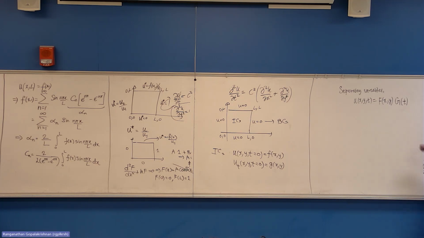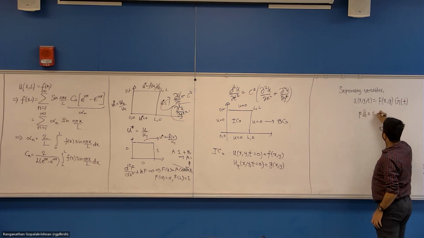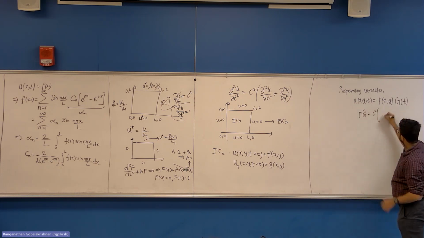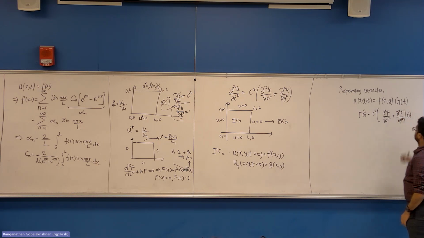So we would have F times G double dot equal to c squared, partial derivative with respect to x plus partial derivative with respect to y, multiplied by G.